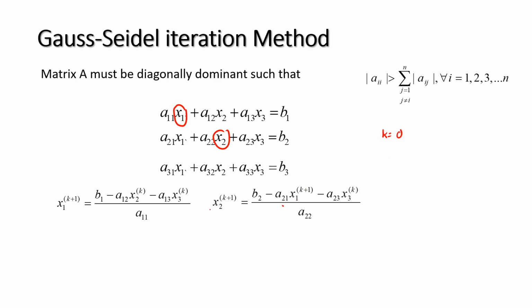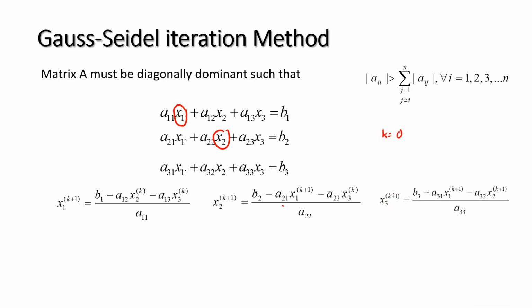When k is 0, to calculate x2 at step number 1, we don't have the new x3 value yet. So x3 is still the old value, which is x3 at step 0. For x1, because you calculated it already, you take the latest, then you can get x2 at step number 1.